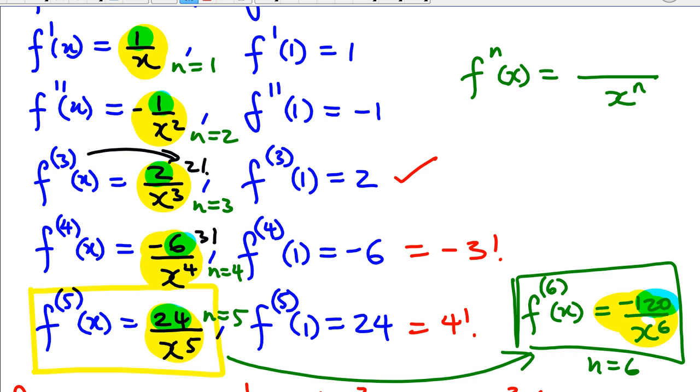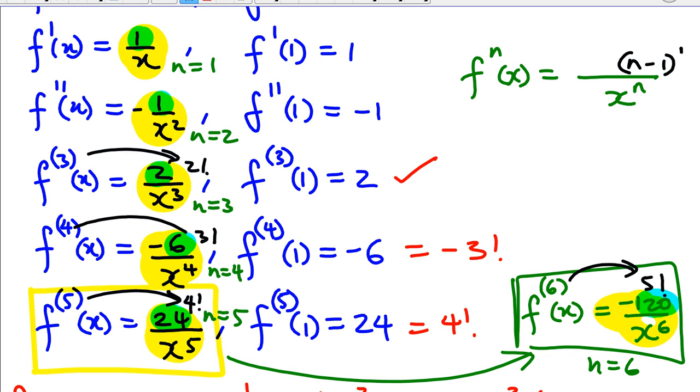Here we have 3 factorial. Sorry, 4 factorial, not 5 factorial. That's 4 factorial. Here we have 5 factorial, when n equals 6. So here we can say that this is (n minus 1) factorial.